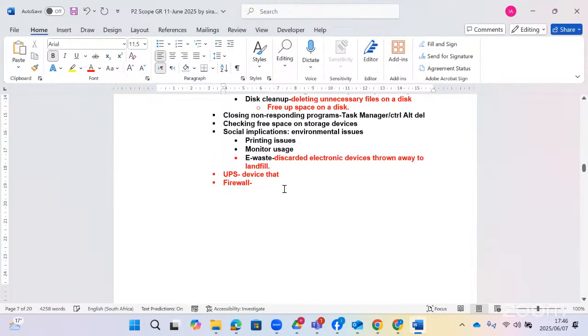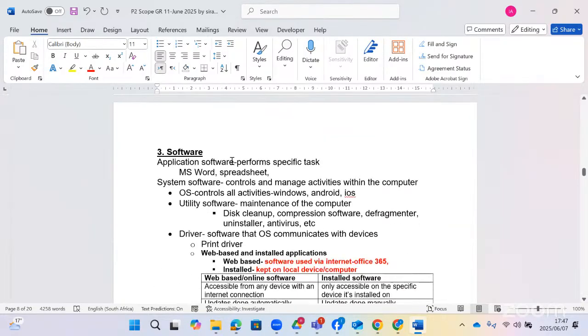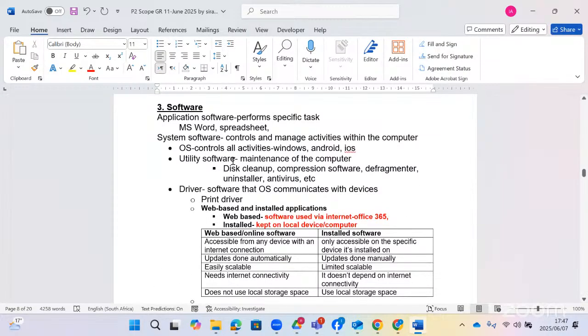Right. Then we move straight to software, still under system technologies. You must know the definition of software, which is a program used to perform certain tasks or that tells the computer what to do. And basically we have application and system software.